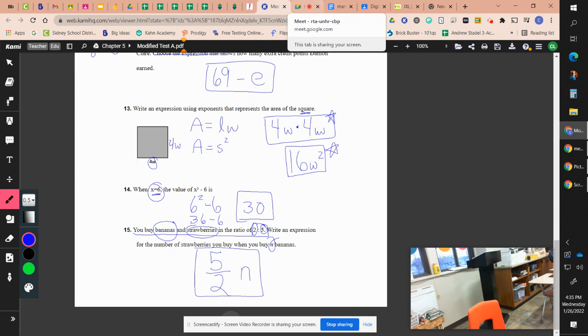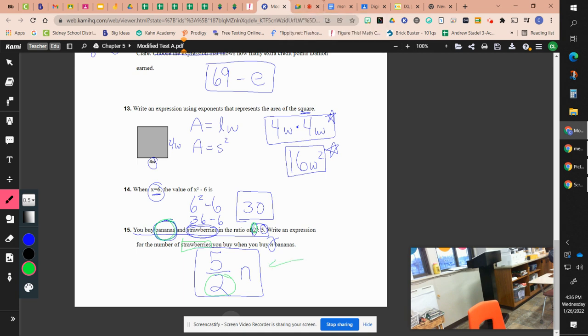So when you look at yours, you're going to read it, figure out which one number stands for which one. Here, I'll color code it. Bananas were the first one listed, so they're the 2. We put the 2 on the bottom because they wanted to know about the strawberries. So the strawberry numbers go on the top. 5 divided by 2 times n will give us the expression we need.